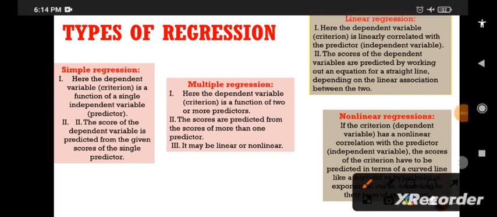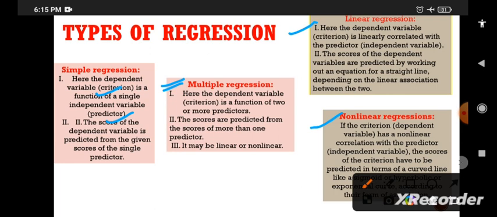As we know, the independent variables are the treatment variables which cause the change in the dependent variables. So the dependent variables are the criterion, whereas the independent variables are known as the predictors. The multiple regressions can be of two types. First is linear regression and second is non-linear regression.